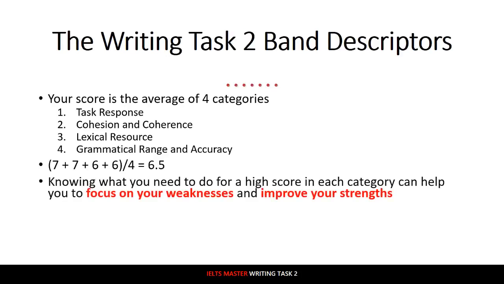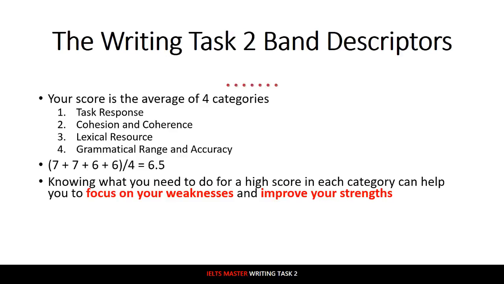Why is this important? Well, knowing what you need to do for a high score in each category can help you to focus on your weaknesses and improve your strengths. For example, if you're very good at grammatical range and accuracy, that's great, but maybe you need to practice your task response.